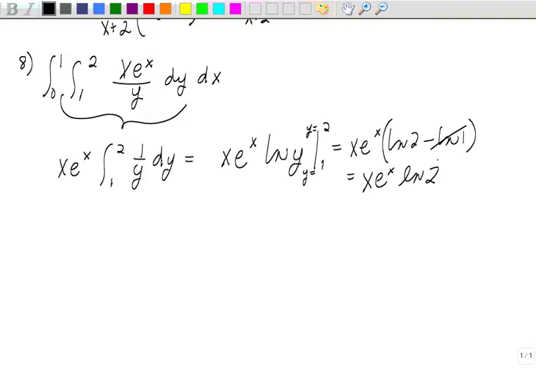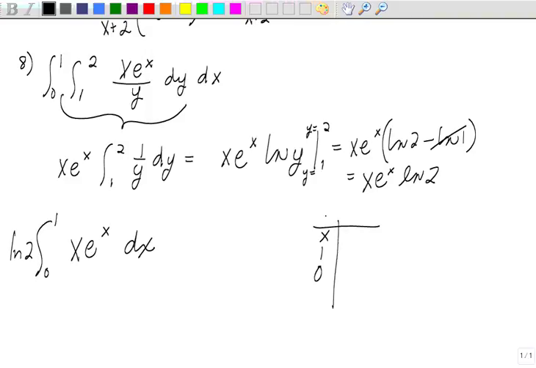All right, now I take that and integrate from 0 to 1 dx. Well, ln 2 is constant, so it can go out here. Here you have to integrate by parts. I'm going to use the shortcut where you take the derivative on the x side, and then you integrate e to the x, and you multiply and alternate the signs.